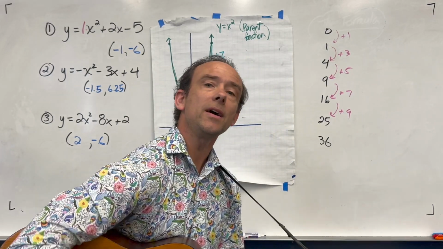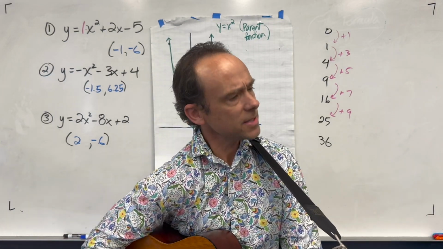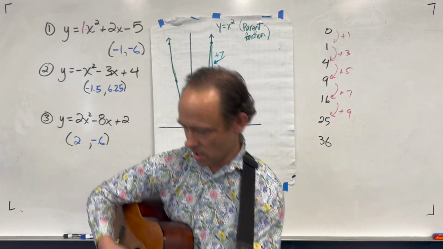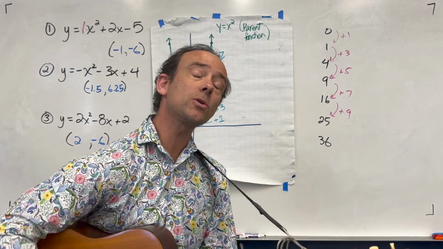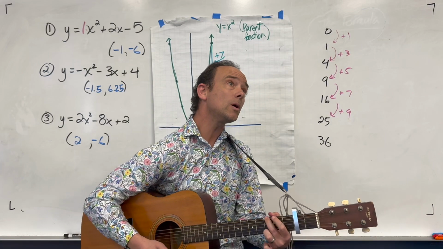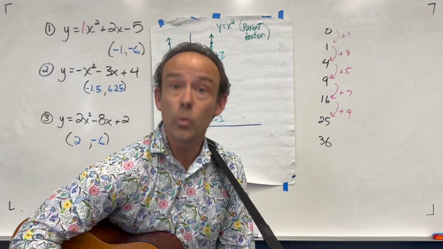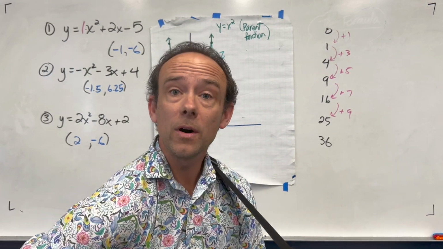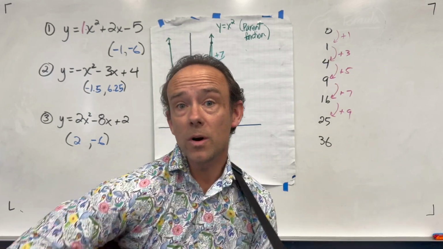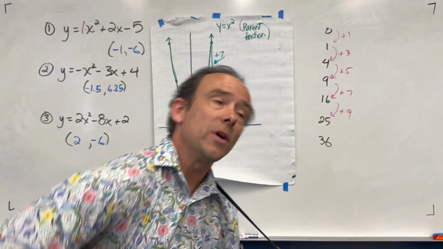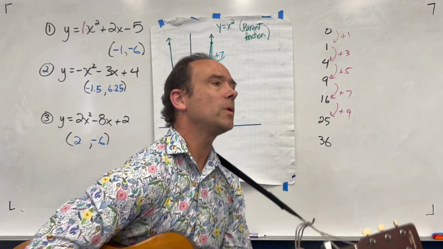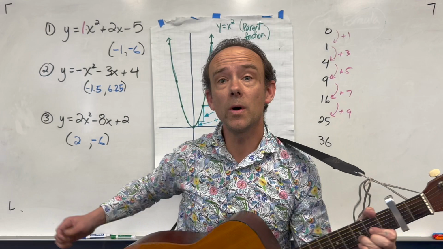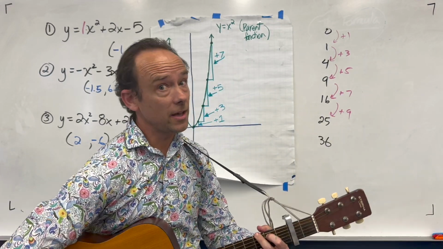Because that's the way squares, they grow. With me now. Over 1, up 1, over 1, up 3, over 1, up 5, over 1, up 7. Because that's the way squares, they grow.